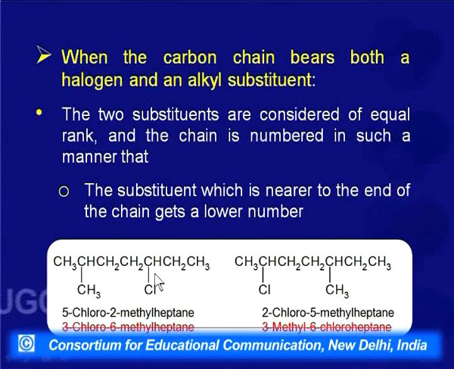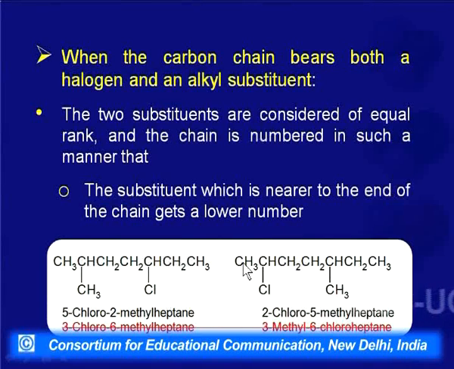After 2 carbon atoms it is placed. So where we have to start numbering is from this side. Therefore, if we start numbering from this side and say that this is 3-chloro and 6-methyl heptane, the name will become wrong, and the correct name for this molecule is 5-chloro-2-methyl-heptane.